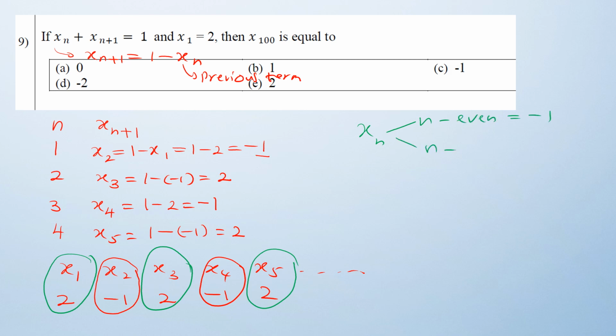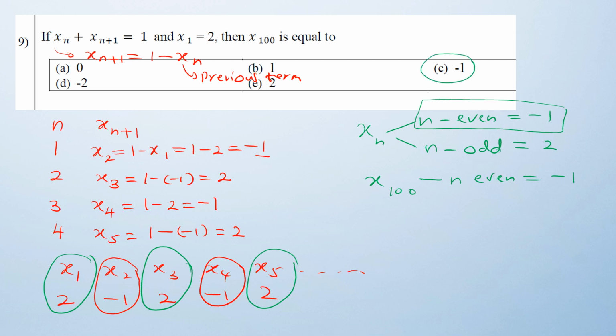When n is odd, we have plus 2. Asking about x100, where n is even, because 100 is even. So that should be equal to minus 1 according to this. It is there. C. So the answer is C.